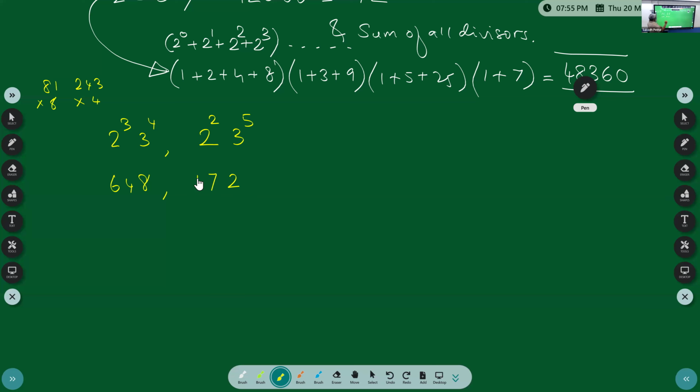Okay. If these two numbers are given to us, which are relatively big, and if we are required to find out the least... Sir, 972. 972 sir.